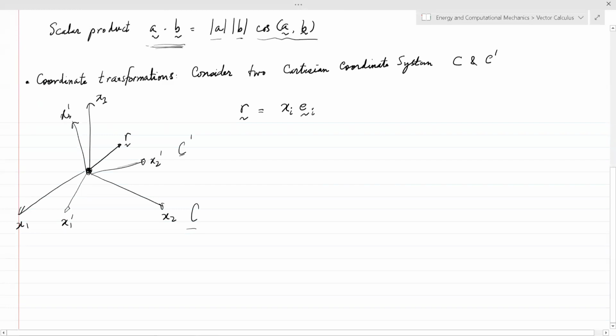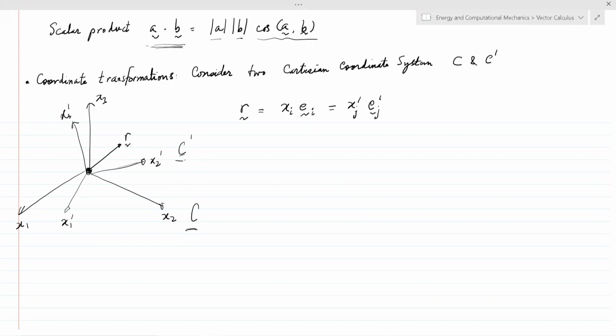And now I can also represent that same position vector as xj prime ej prime. So I can represent it in either of those ways.